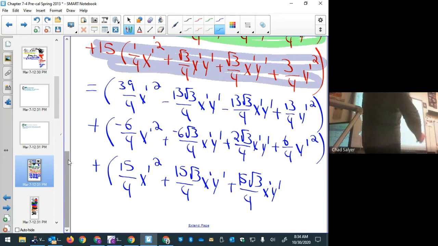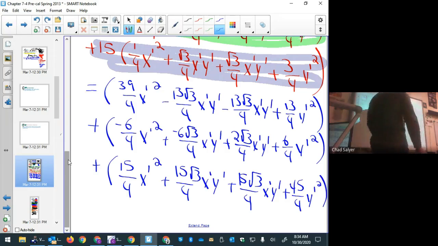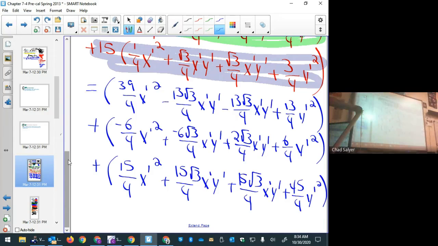Yep. Plus 15 times 3 is 45 over 4 Y prime squared. Okay, so we're really getting somewhere now. Combine like terms, this will start to get simpler. We're at the top of the mountain. We're ready to come down.